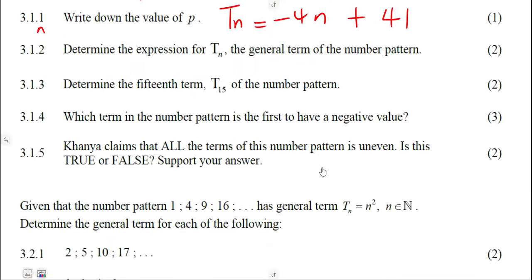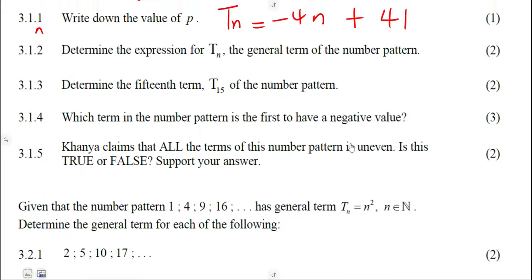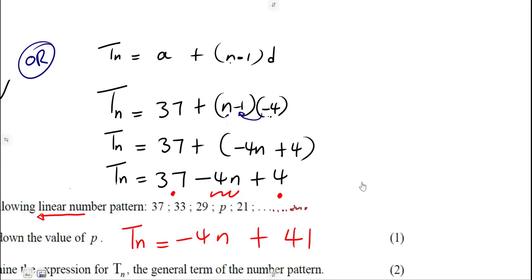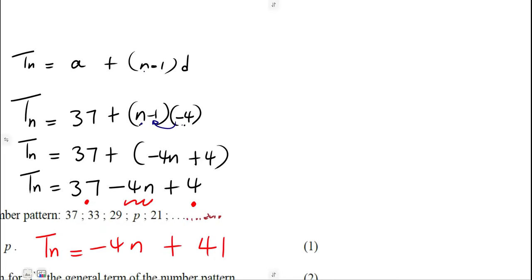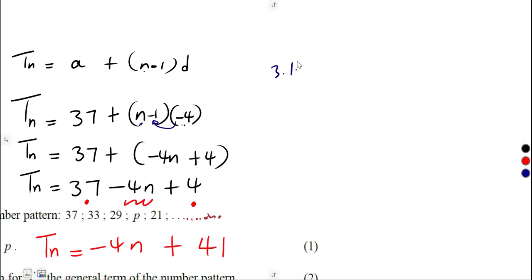Then from there, determine the 15th term, T15, of the number pattern. On 3.13, we just need to substitute into what we are given. For T15, n is equal to 15. So in place of n, put 15 there. So that's -4 times 15 plus 41.